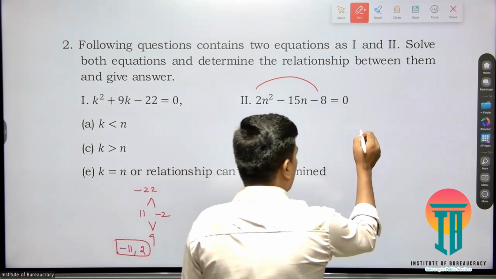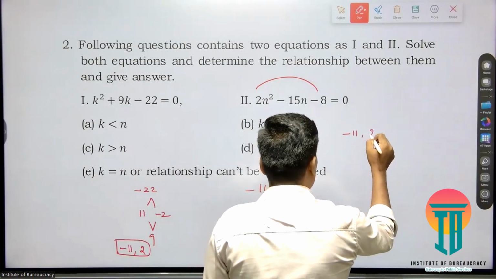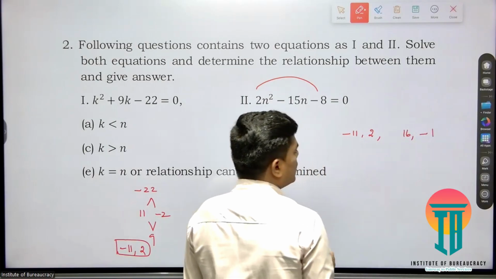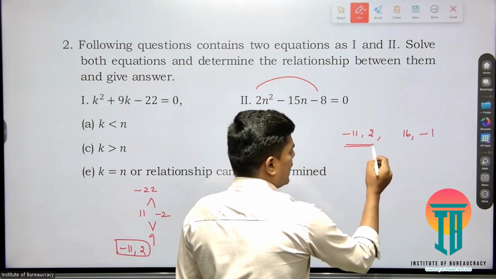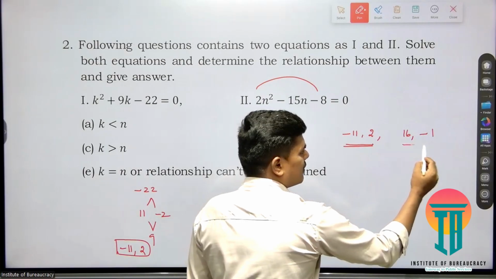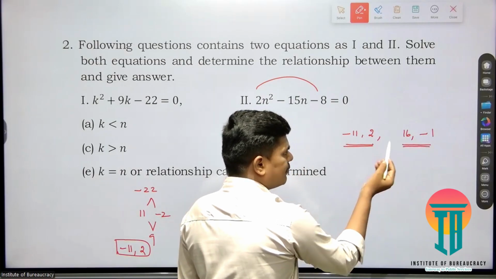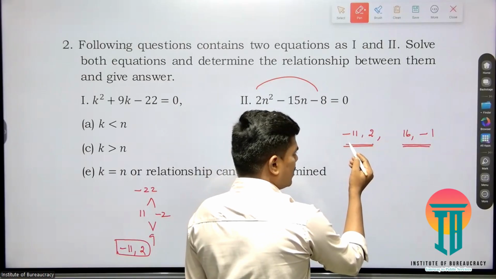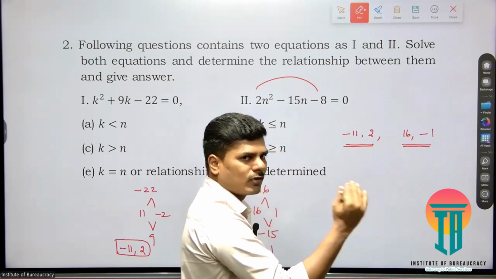Now we have minus 11, 2, then 16, minus 1. If you take any of these values and compare with all the values here, minus 11 is less than 16. Minus 11 is less than minus 1. It's okay.